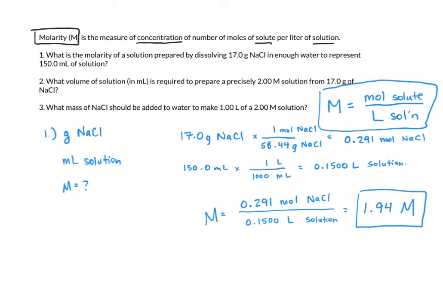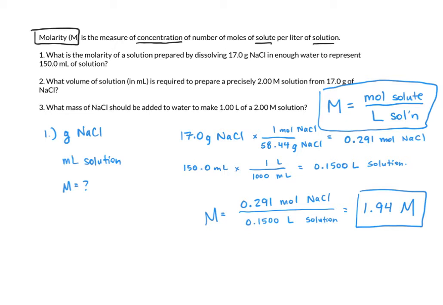Suppose instead that, according to our second question, we'd like to make a precisely 2.00 molar solution though. And we'd still like to use the same 17 grams of sodium chloride that we'd measured out in our first problem.